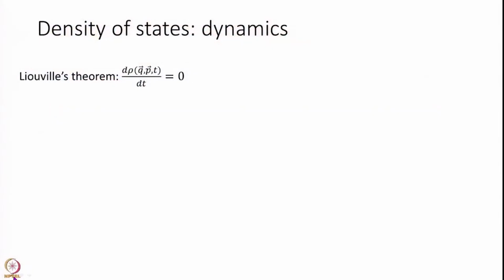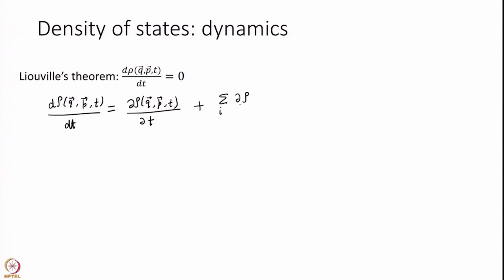So, let us analyze this d rho over dt. d rho of q comma p comma t, we are being more formal, over dt is given by, you remember your chain rule, 3 partial differentials: del rho over del t, plus sum over i del rho over del qi times del qi over del t, plus sum over i del rho over del pi times del pi over del t.